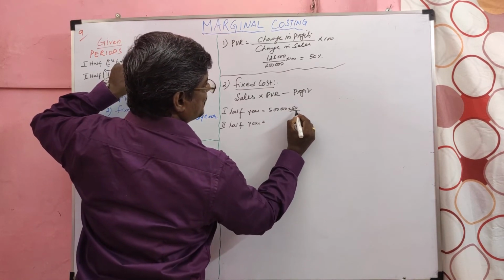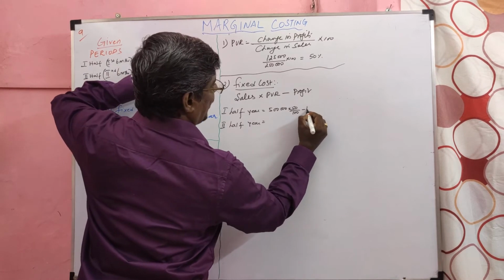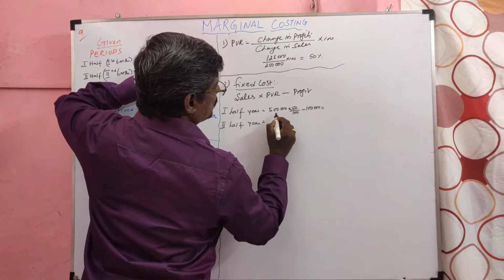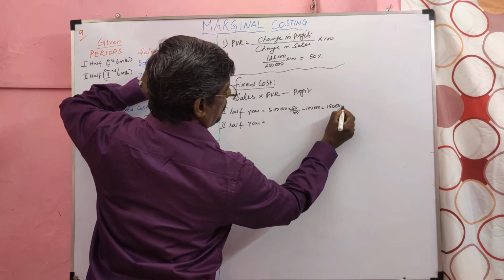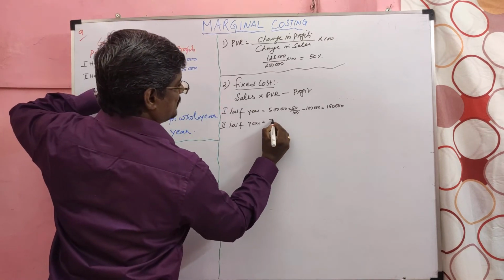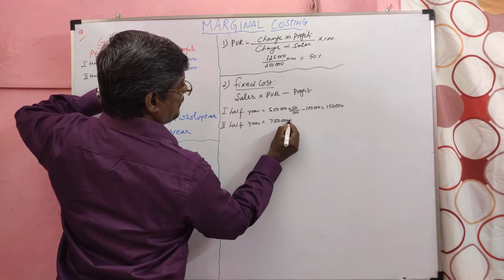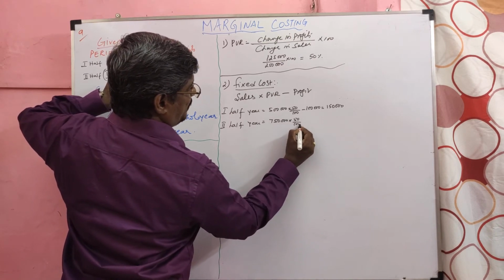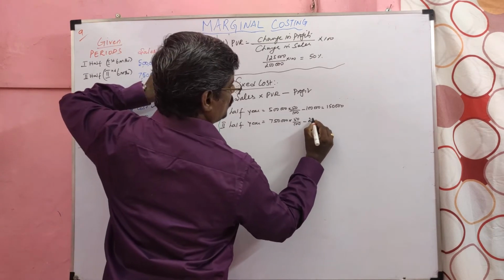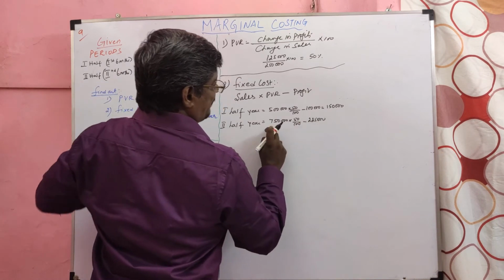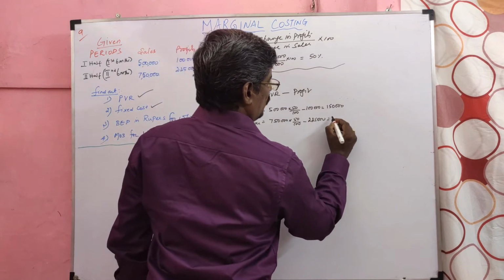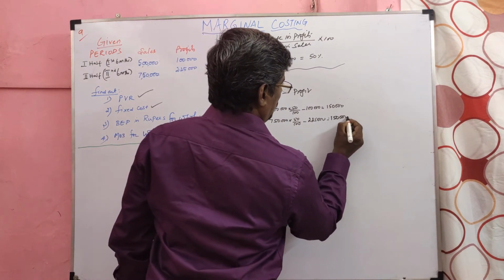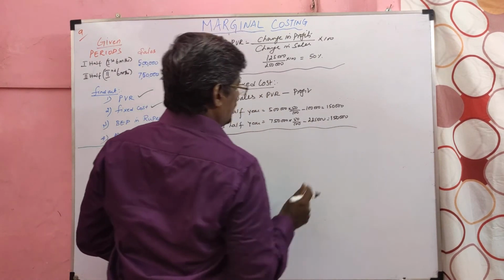PVR 50%. Profit 1 lakh. So 2,50,000 minus 1 lakh equal to 1,50,000. Then second part, 7,50,000 into 50% minus 2,25,000. So 7,50,000 into 50%, 3,75,000 minus 2,25,000 equal to 1,50,000. Same thing. Keep it in mind.